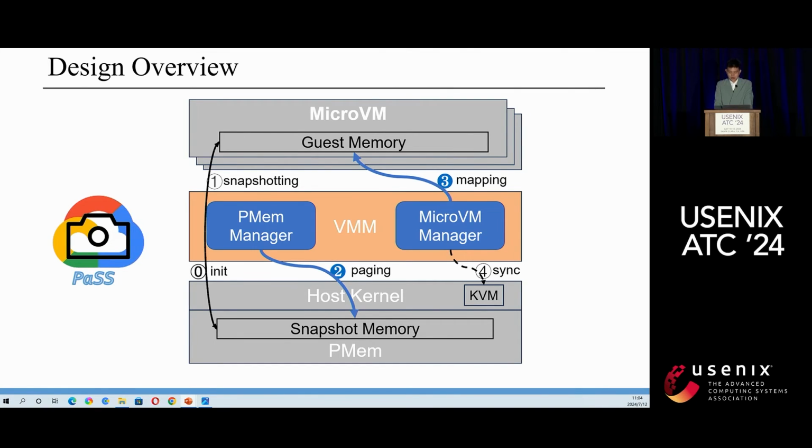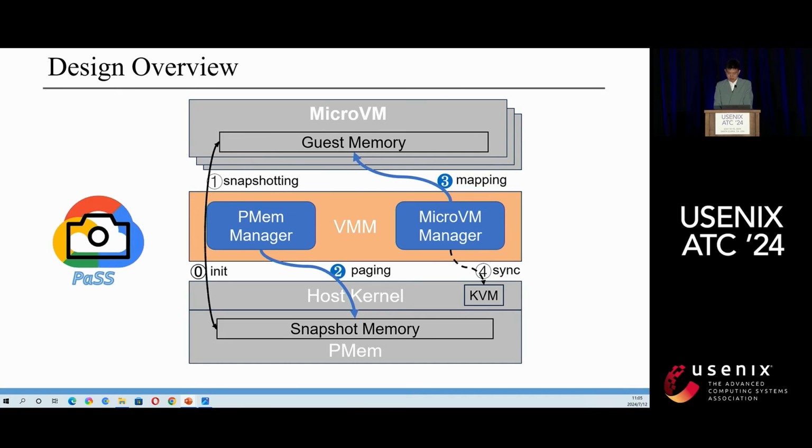The workflow starts with initializing PM space and snapshotting all memory data to PM. Then the PM manager extracts the data by paging, establishes mappings, and maintains an active state.